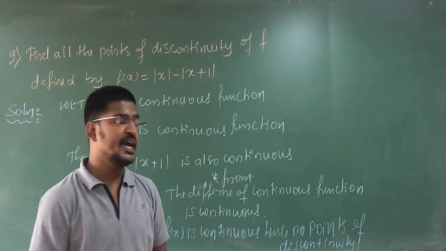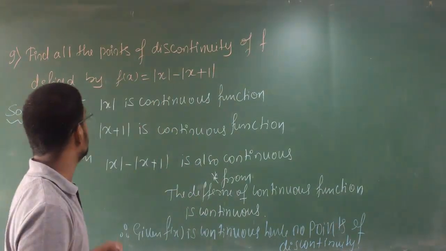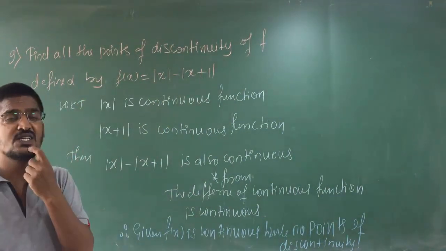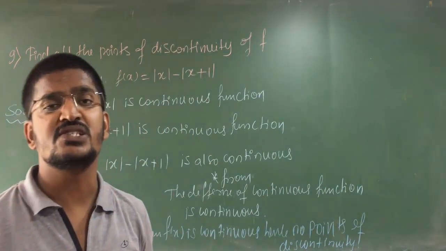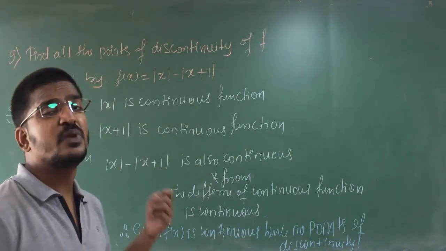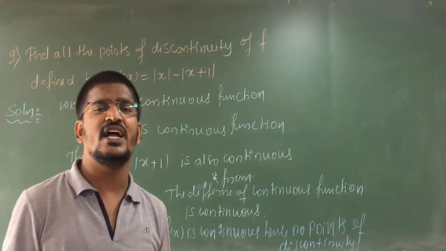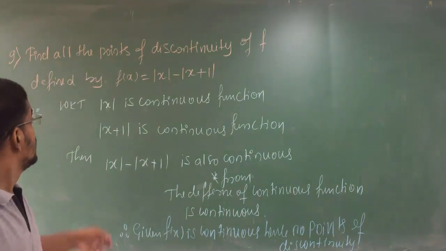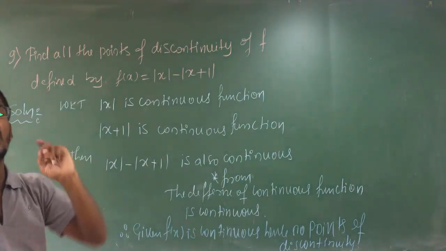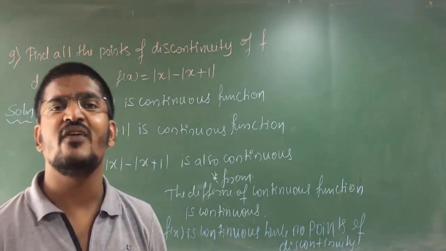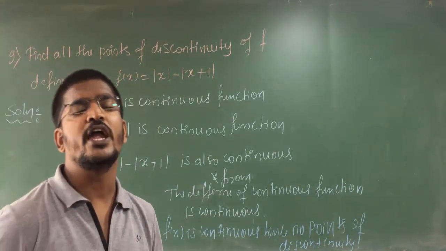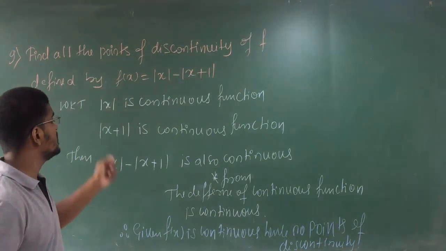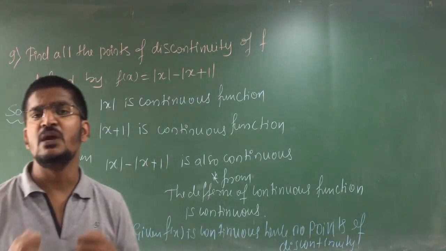Clear? Hence, there are no points of discontinuity for this particular function because mod x is continuous, mod of x plus 1 is continuous. We also know that the difference of continuous functions is continuous. Hence, the given function is continuous. Therefore, the function does not have any discontinuity points. Clear?